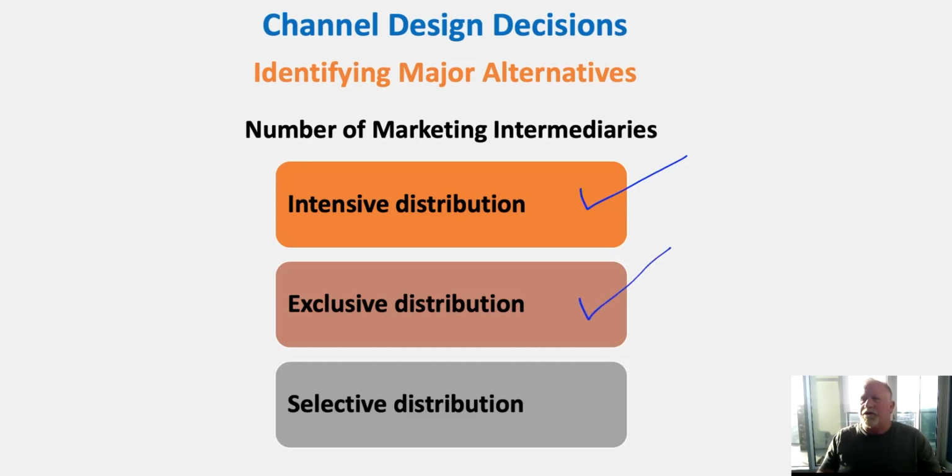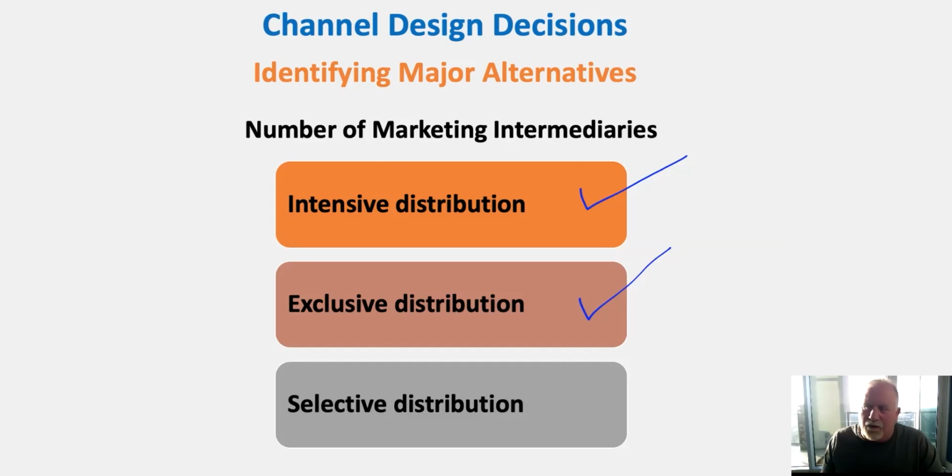The next is what we call exclusive distribution. This is where we choose only certain people who are allowed to distribute our products. An example of exclusive distribution is what we talked about, car dealerships. They might say that you have the exclusive rights to distribute that product in North Houston. You have the exclusive distribution to sell the product in Central, in South Houston.